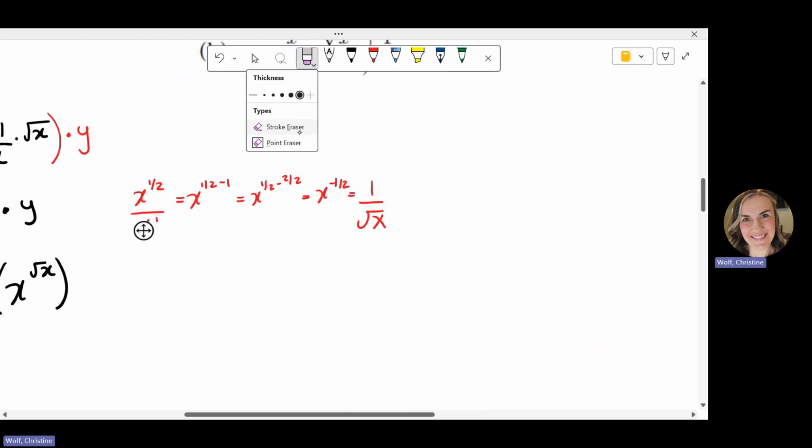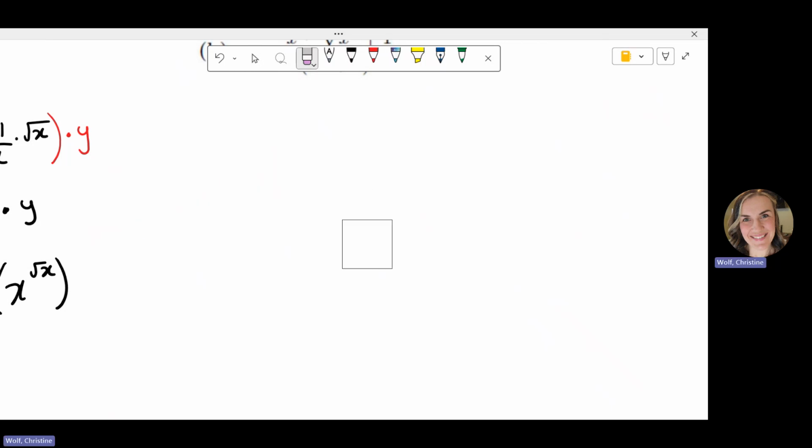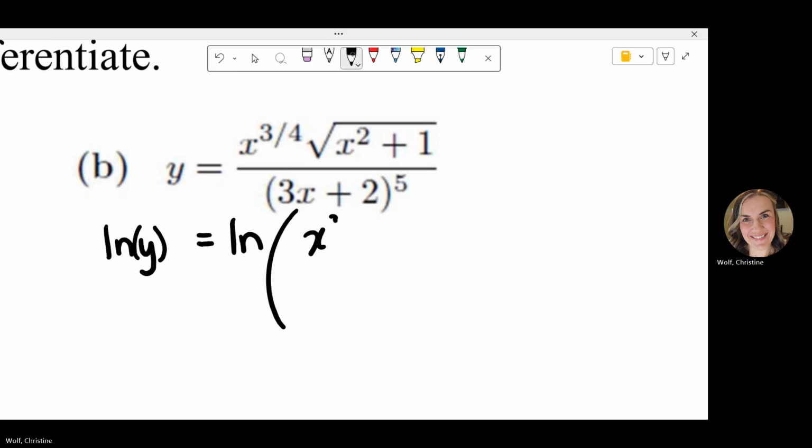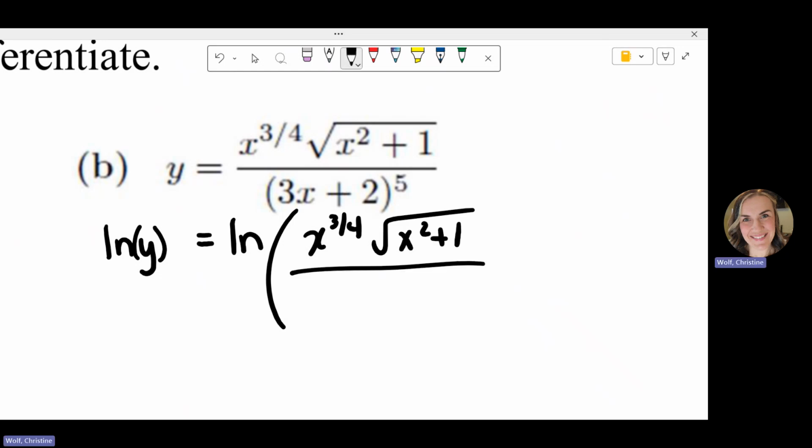Let's do another one. All right. So this one just got a whole lot more complicated, didn't it? Follow the steps. Step number 1, take the natural log of each side. Don't change a thing.